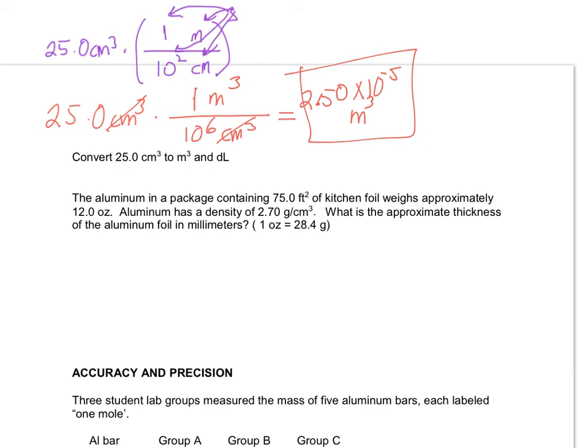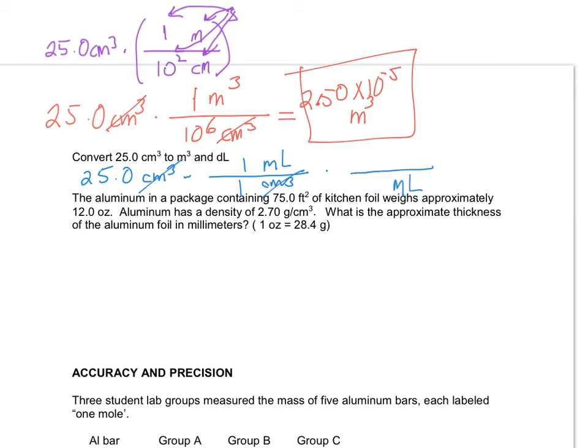We also want it in deciliters. So let's do that in blue here. So 25.0 centimeter cubed. I want it in deciliters. Well, I know the relationship between a centimeter cubed and a milliliter. Centimeter cubed and milliliter is 1 to 1. That gets rid of my centimeters cubed, so now I have milliliters.